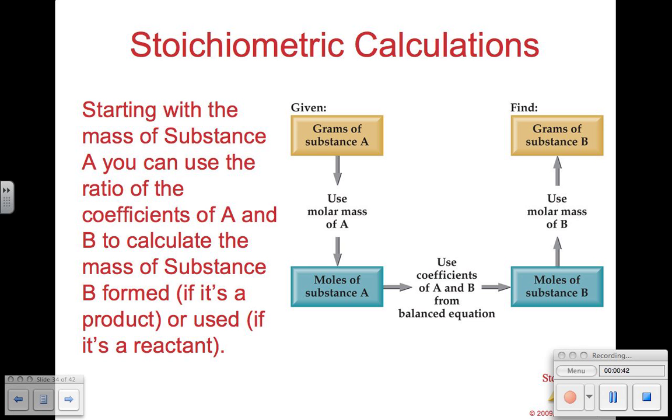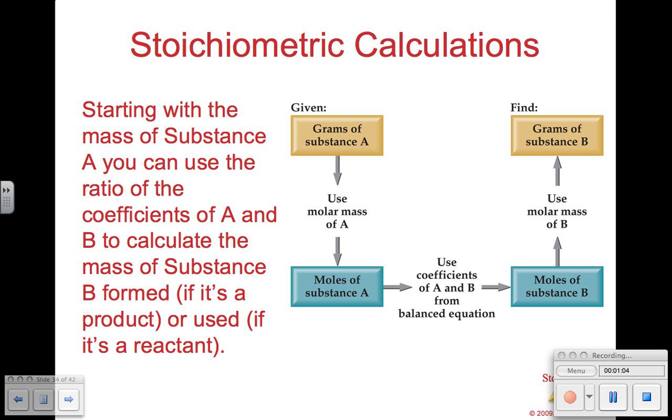So when you're solving, typically you're going to have grams of a substance or the measurable component, right? Whether it's grams of a substance or maybe it's liters of a solution. So you also need to know the molarity in that case, or you might even know the volume of a gas.